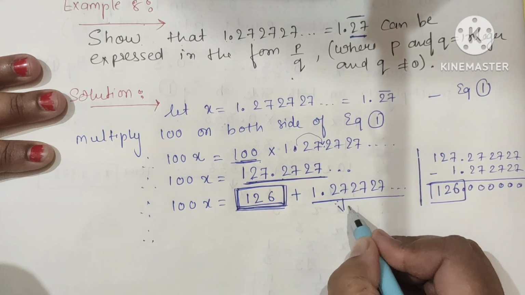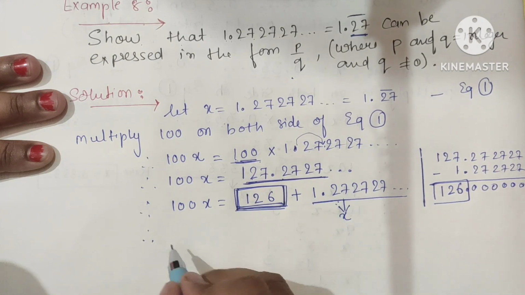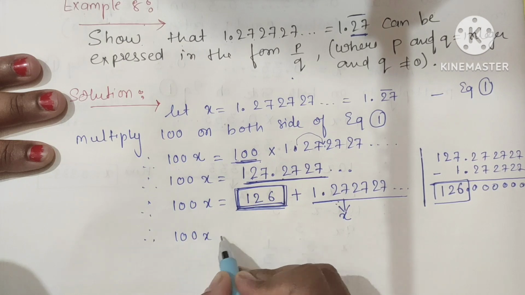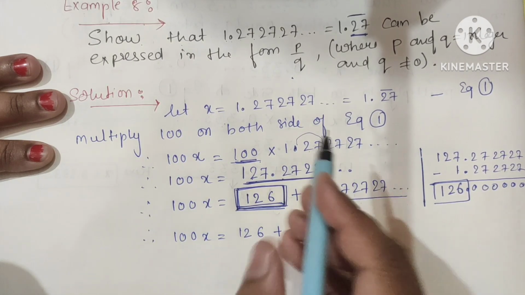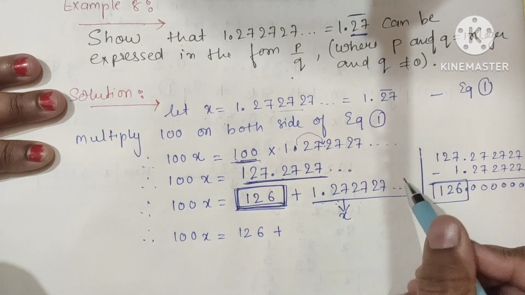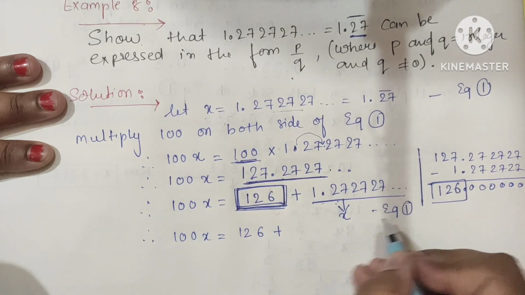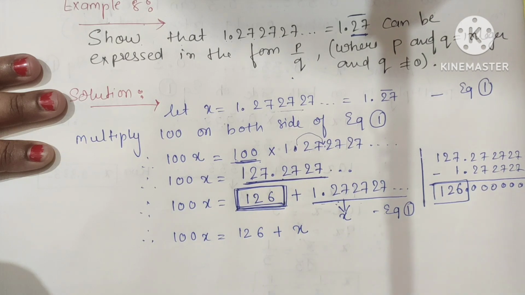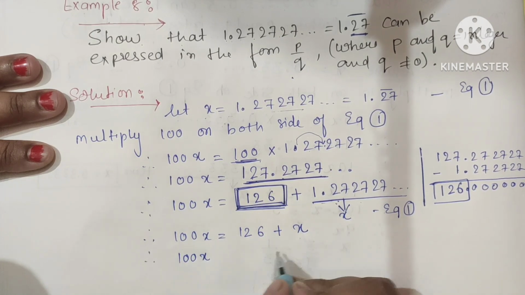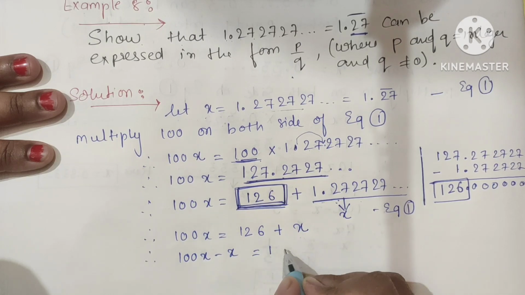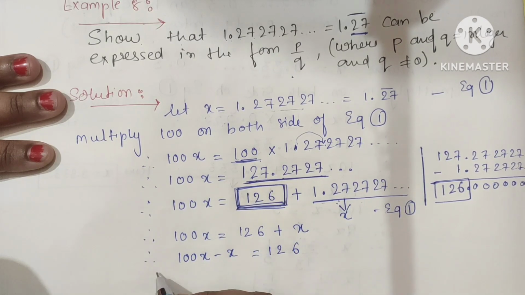Okay. Now we'll continue with the example. Once again, x is equal to this. Therefore, 100x is equal to 126 plus x, as we have mentioned in equation 1. Now, simple calculations, 100x minus x is equal to 126.